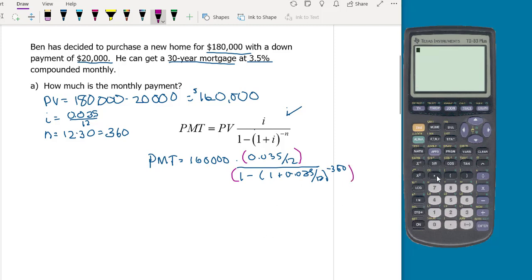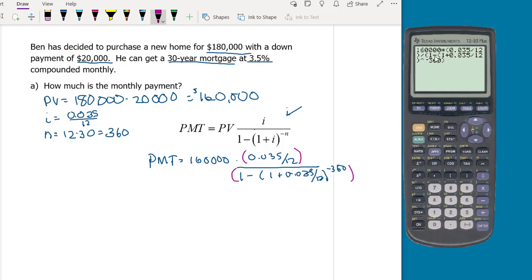If we go to put this in the calculator, we're going to have 160,000 times, open our parentheses, actually let's put the 0.035 divided by 12, close parentheses, divided by, open parentheses, 1 minus, open another set of parentheses, 1 plus 0.035 divided by 12, raised to the negative 360, and close the parentheses on our denominator.